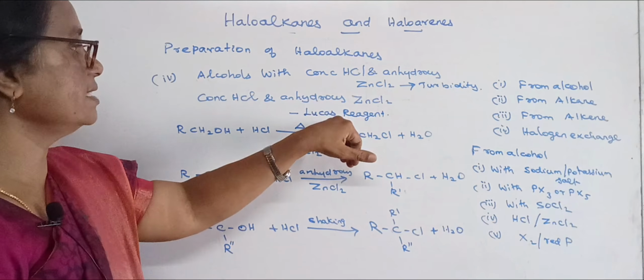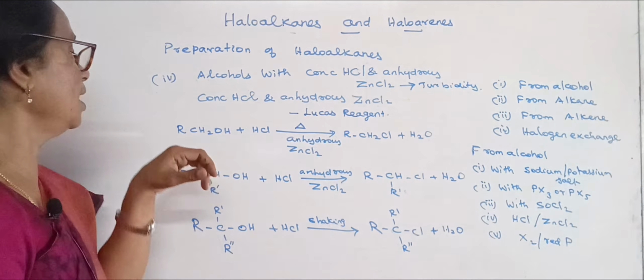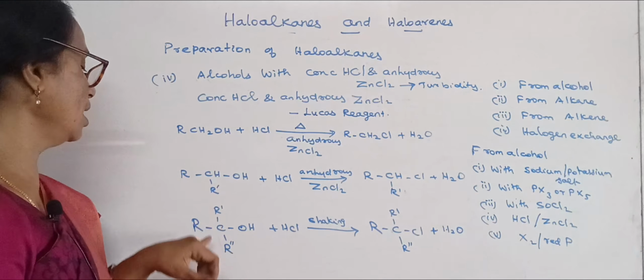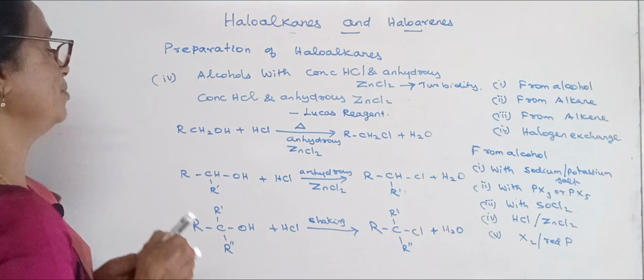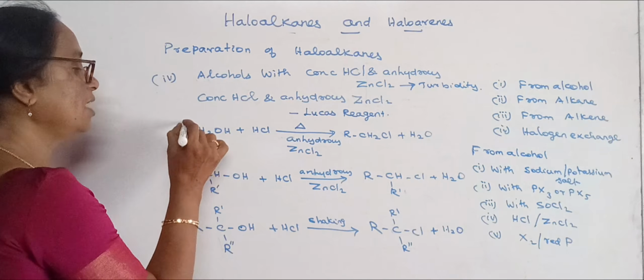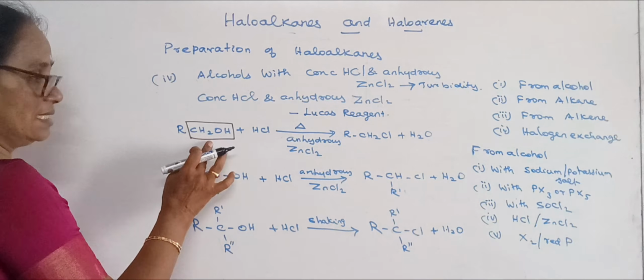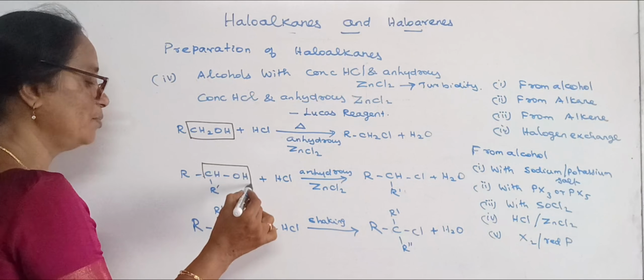So this reagent is treated with the 3 types of alcohol: primary, secondary and tertiary alcohol. Already we have discussed primary, secondary, tertiary in the case of haloalkanes. Similarly, CH2OH has only one alkyl group, so it is primary.